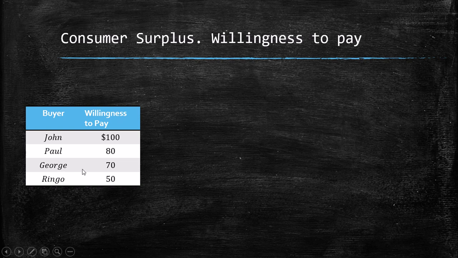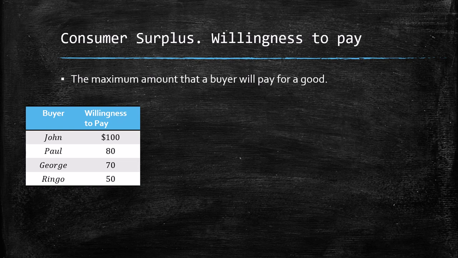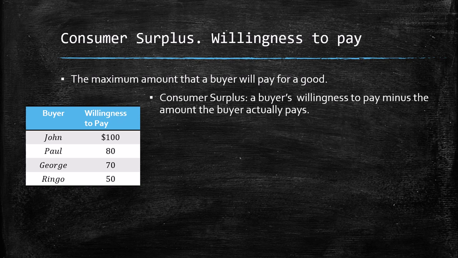It means that if the market price, for example for Ringo, is 60, Ringo will not pay for this album because his willingness to pay is lower than the market price. So willingness to pay is the maximum amount that a buyer will pay for a good.